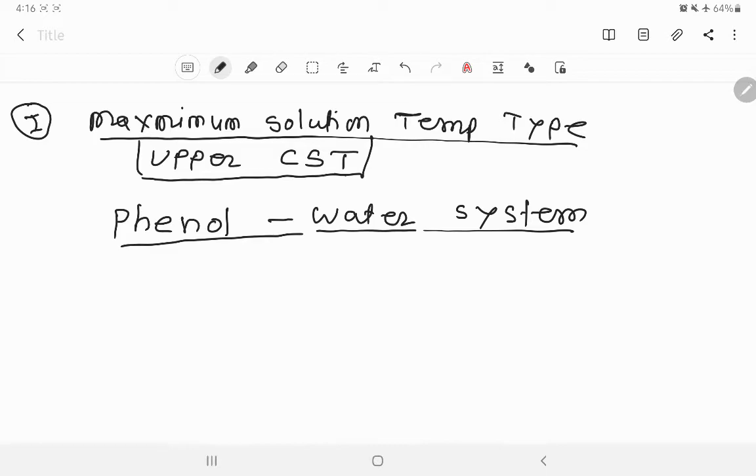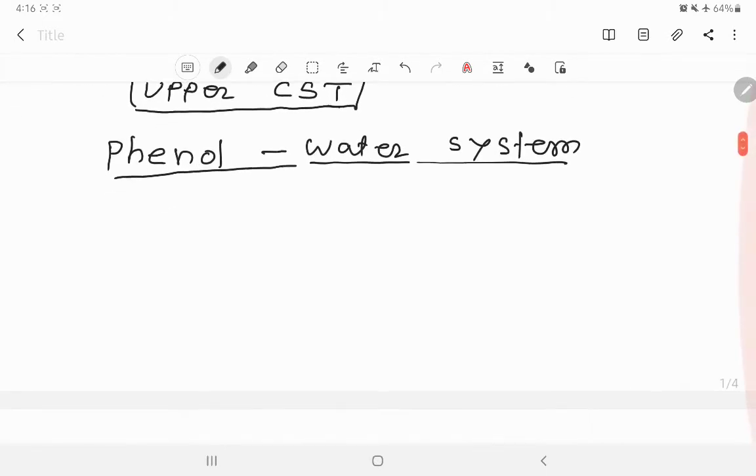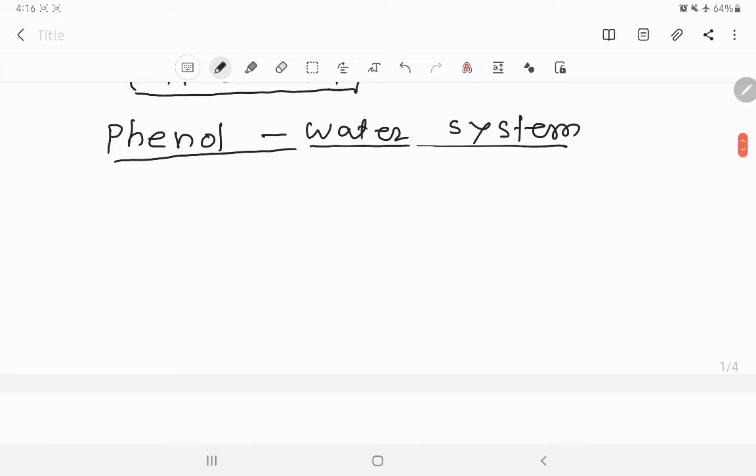Phenol-Water system. Both phenol as well as water are partially miscible with each other at a given temperature. At ordinary temperature, suppose room temperature, phenol and water are partially miscible with each other.